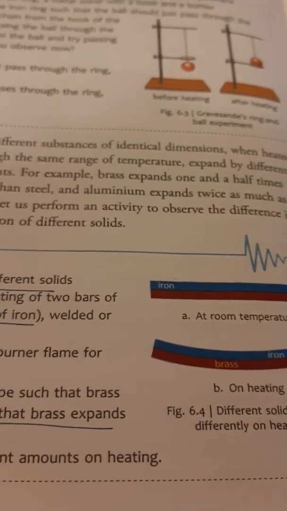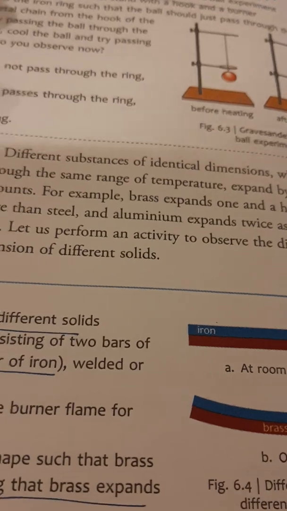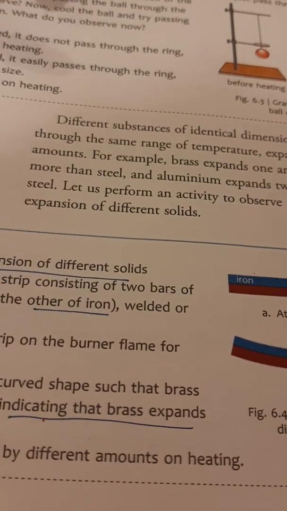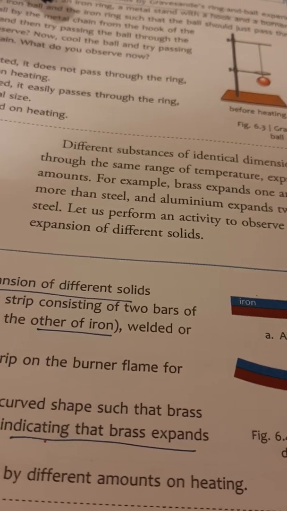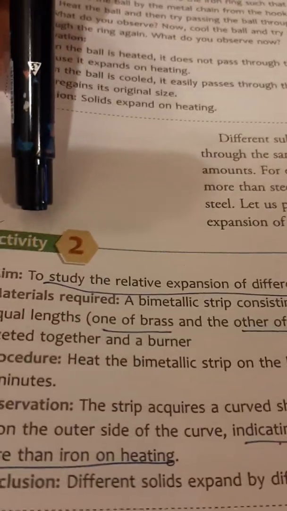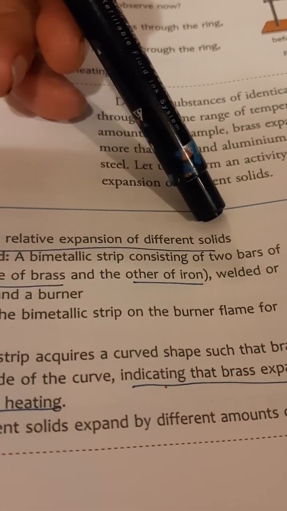Now every substance expands, but it depends on the nature of the material also. Some expand more than others. Now the second experiment is to study the relative expansion of different solids.